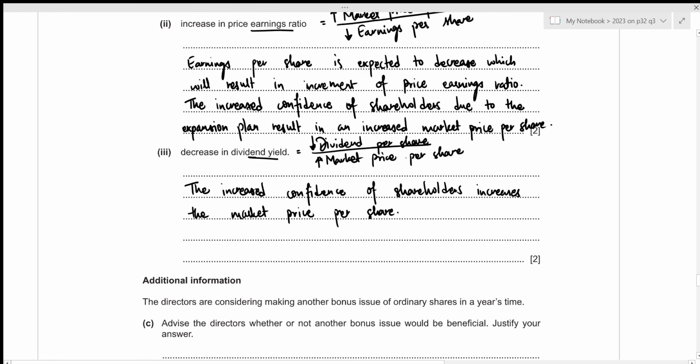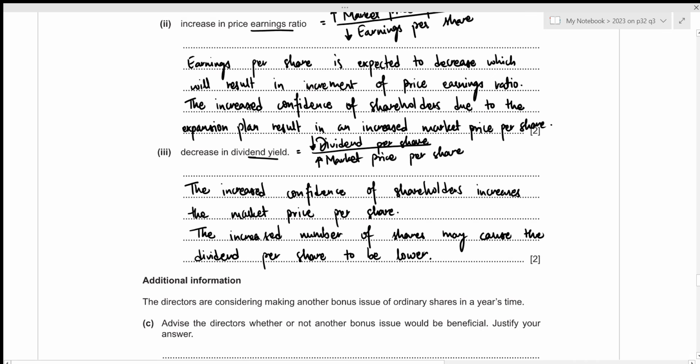So maybe the increased number of shares might have caused the dividend per share to be lower. The increased number of shares may cause the dividend per share to be lower. Okay, that's all for this part.